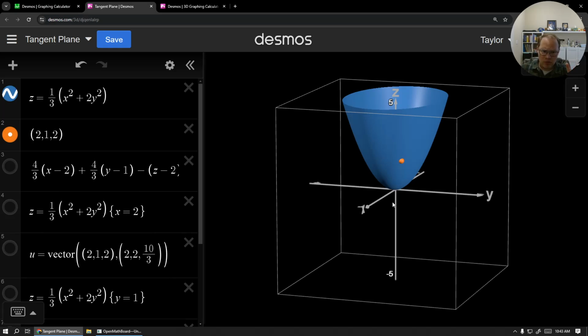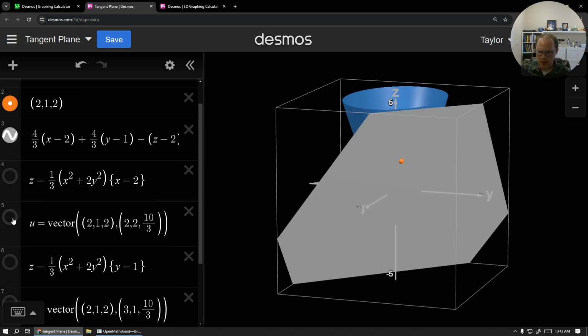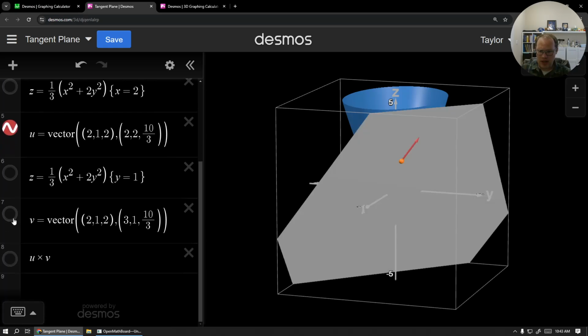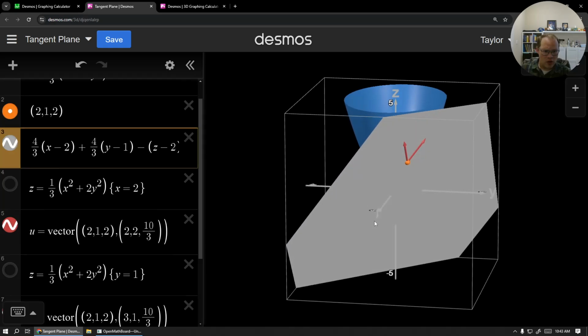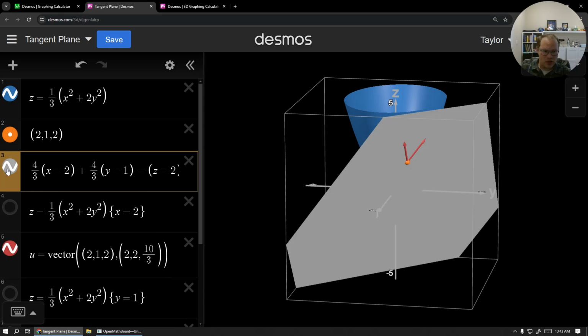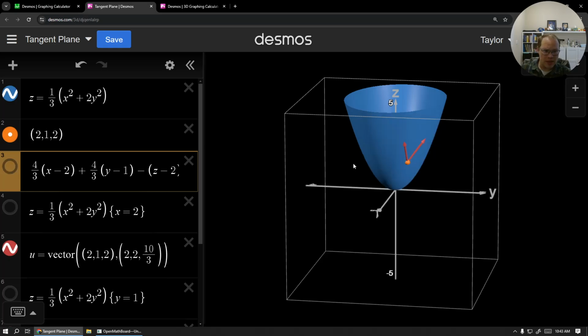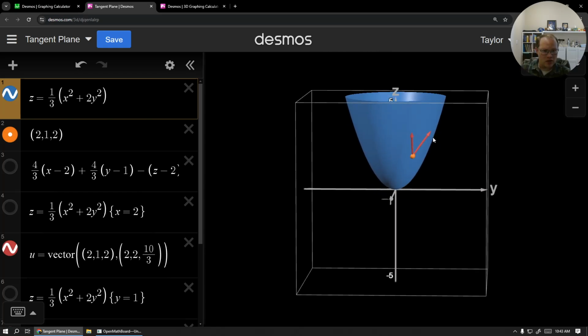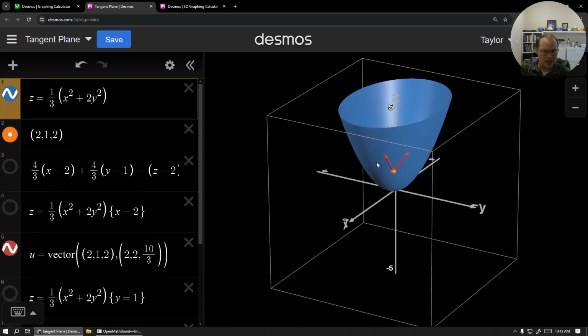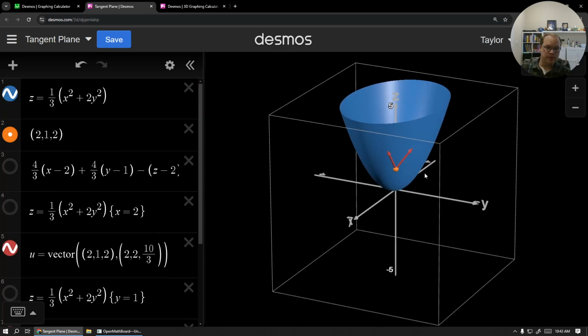Well, because the plane is going to be tangent to the surface, those 2 vectors will also be tangent to the surface. So if I can find two vectors that are tangent to the surface, then I'm good to go, right?